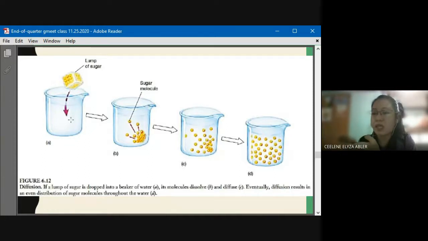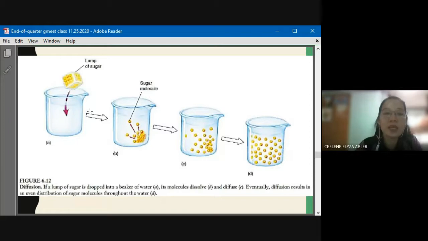Halimbawa, ikaw yung sweet tooth, gusto mo ng gatas na matamis. So kahit ang gatas mo is parang Bear Brand na medyo matamis, gusto mo pang matamis pa talaga, nilagyan mo pa ng asukal. So that's you are introducing a more concentrated solution or substance into your pagkain mo.